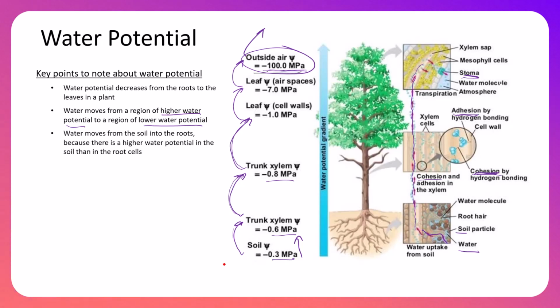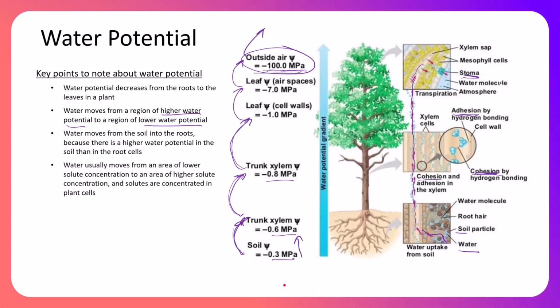Water moves from the soil into the roots because there is a higher water potential in the soil than in the roots. Again, from the soil to the roots. Water usually moves from an area of lower solute concentration to an area of higher solute concentration, and solutes are concentrated in the plant cells. That's the reason the water potential continuously drops. Water potential is negatively impacted by solute concentration.